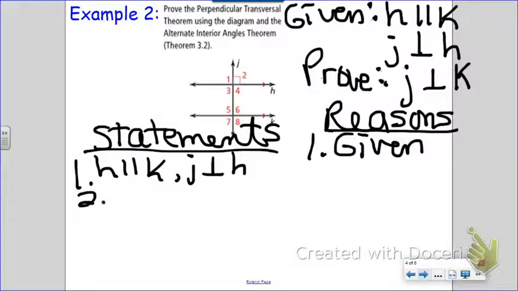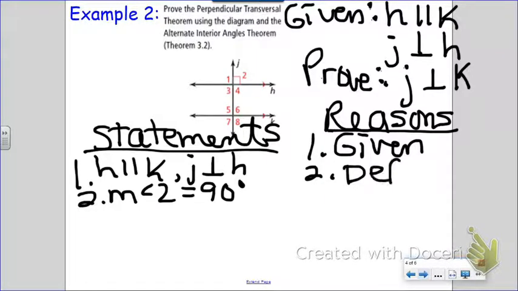Always identify your given information first if you're looking at a proof. We know that the measure of angle 2 is 90 degrees. That's our little box up at the top. That's the definition of perpendicular lines. They make right angles. I'm going to abbreviate so I have room to write it.